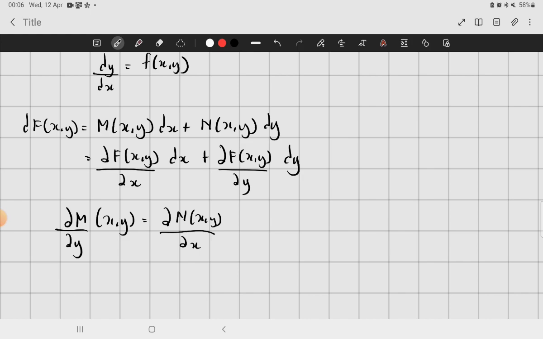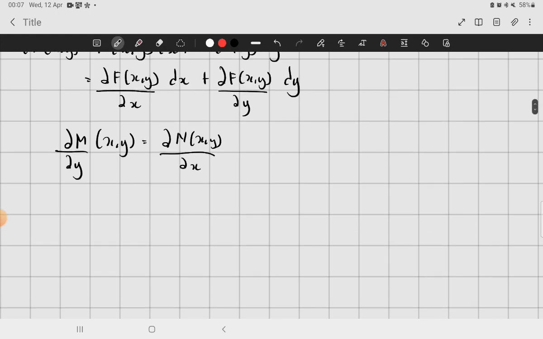Then what happens if it's not equal? Then we have some procedure that we have to do beforehand, and then we have to check again for exactness to solve it.